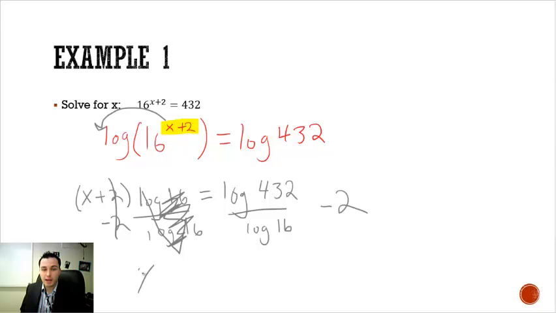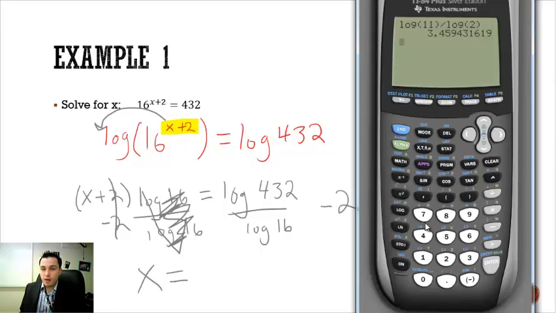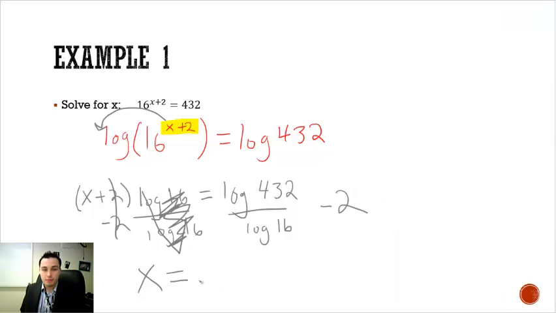So I just need to go to my calculator and figure that out now. That would be log of 432 divided by log of 16. And then we're going to subtract 2 from that answer. And so then that is 0.189, it looks like. 0.189, because we round to the thousandth place.